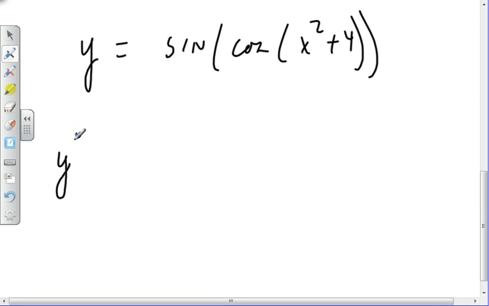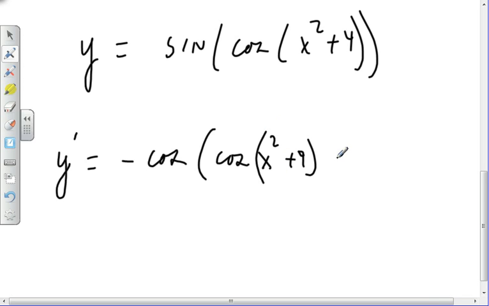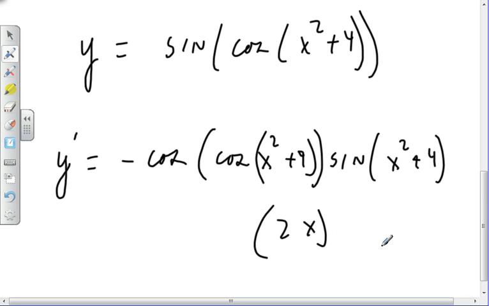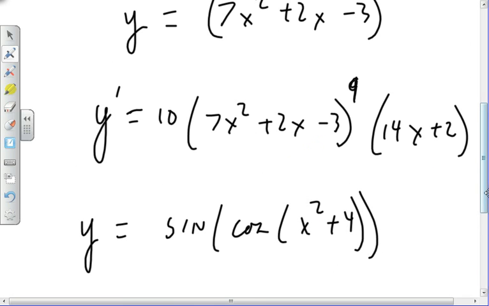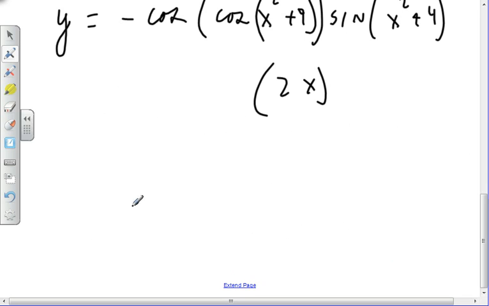So y prime is going to be minus the cosine of x squared plus 4 times the sine of x squared plus 4 times 2x. So I just continue doing it, taking the derivative of the inside thing of the inside thing of the inside thing forever and ever, and then multiplying them together. So I'll do it one more time.